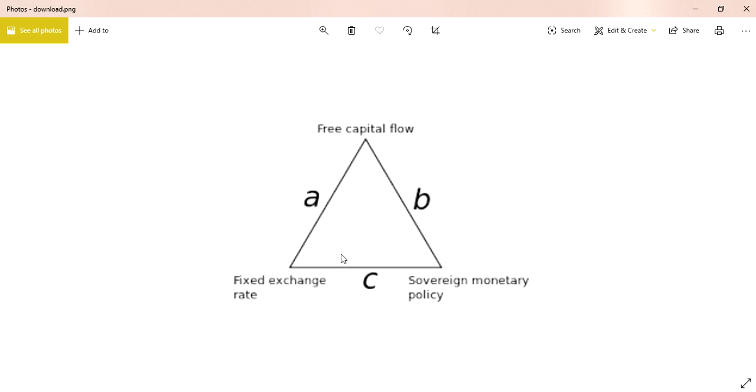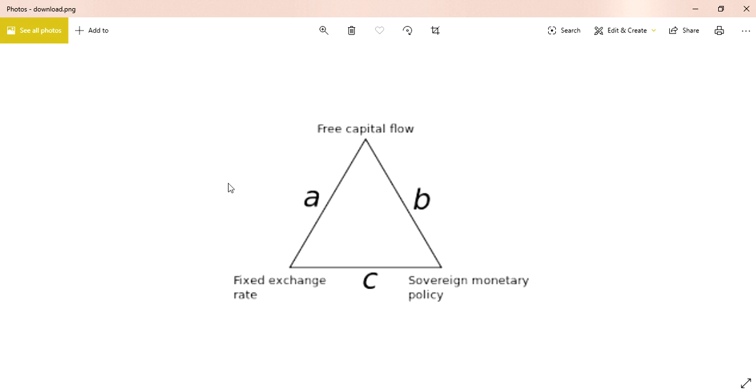If a country is here at C point, they have a fixed exchange rate regime and sovereign monetary policy, so they have control over the monetary and currency system. So they should not allow capital to come to their country freely and go out from the country freely.